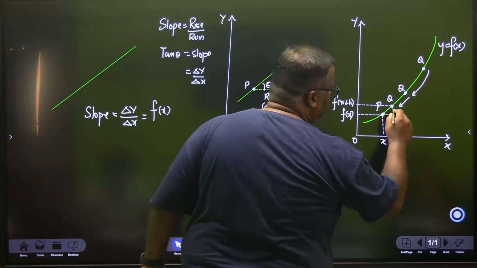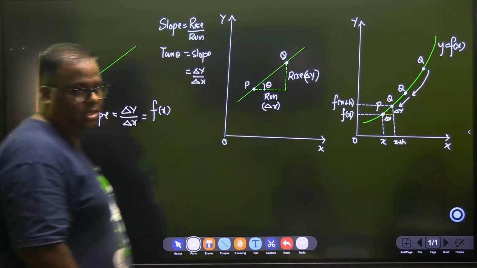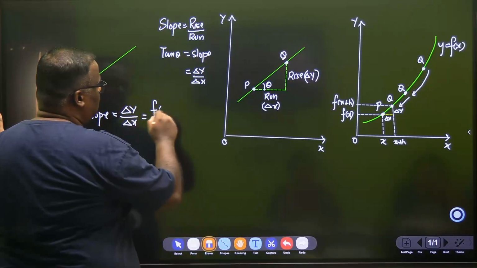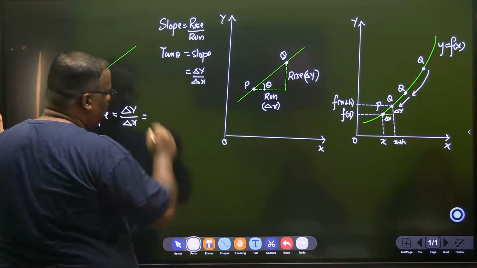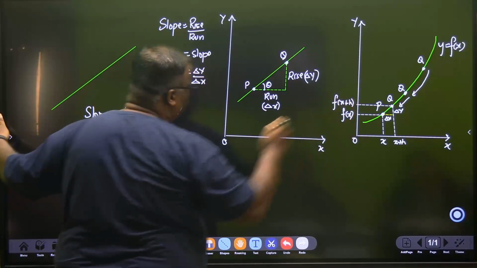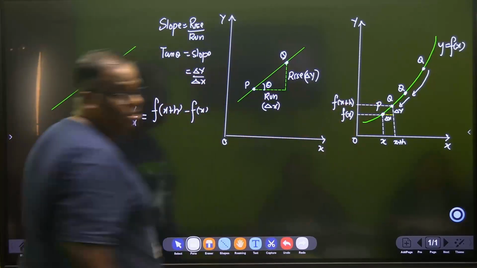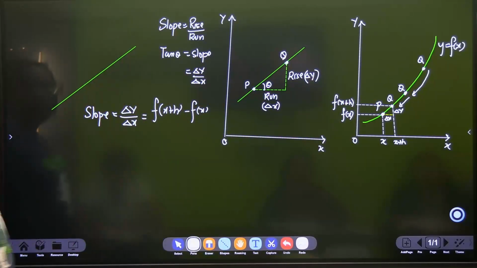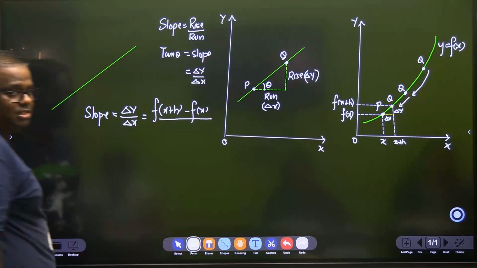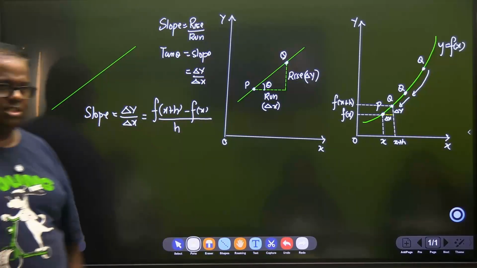And children, this is the delta y and this is the delta x. Agreed? I say that my delta y, what is delta y if you see? f of x plus h is a measurement from here till here. If I take out f of x measurement, means this much, don't I get delta y? I do. And I divide it by x plus h minus x, which is nothing but h. Do you agree or not?